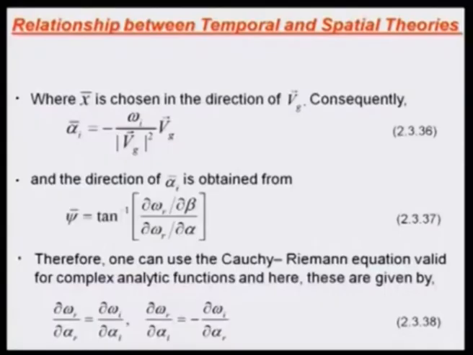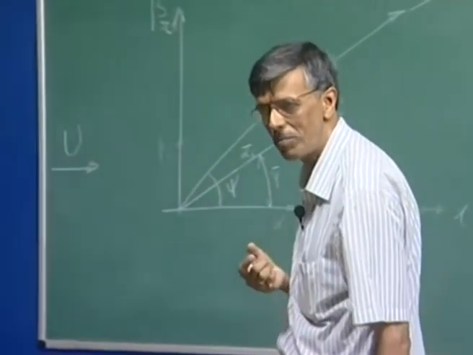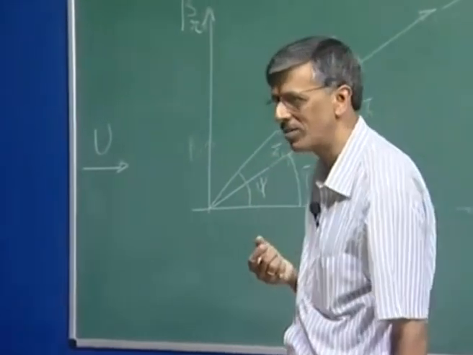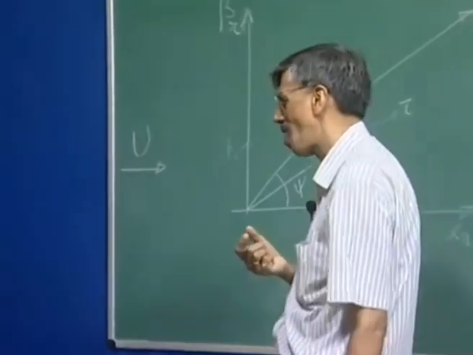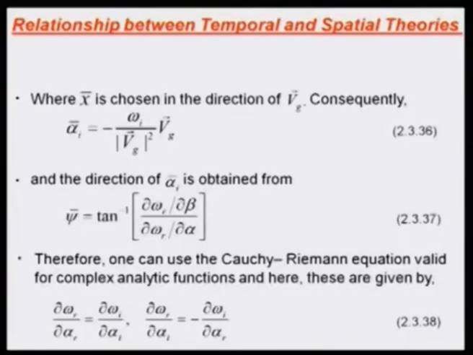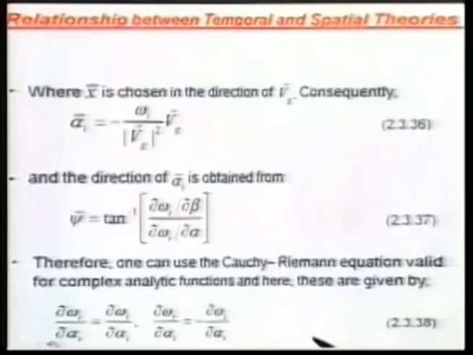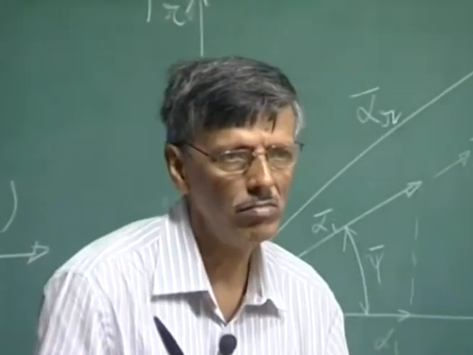Now, why does it happen that way? That is given by the properties of complex functions. Think of the real part of the frequency, omega r. I could write this complex omega as a function of complex alpha.